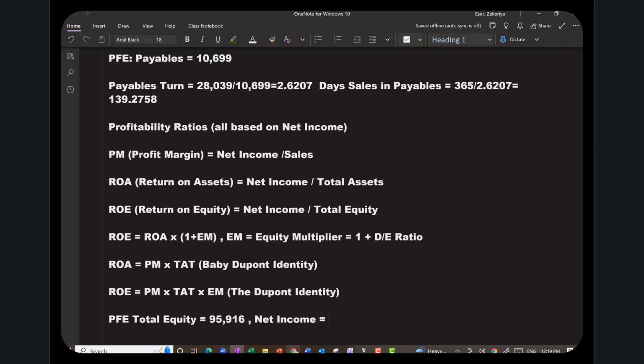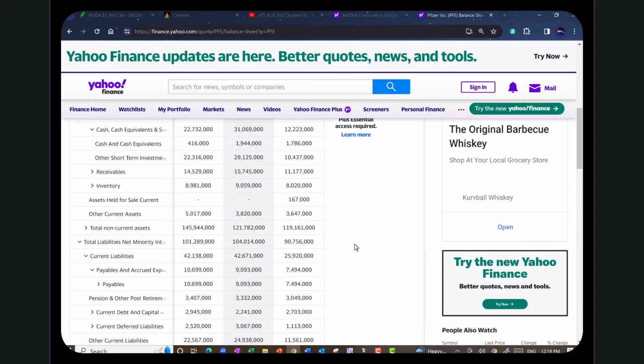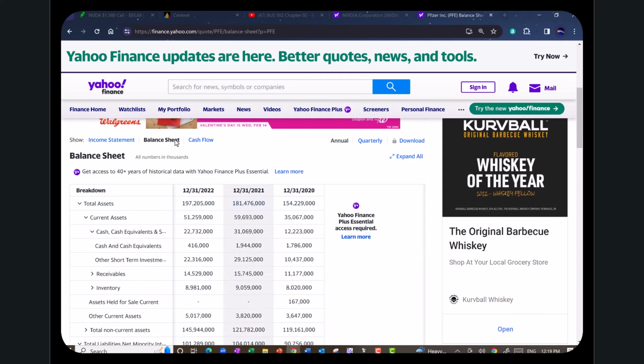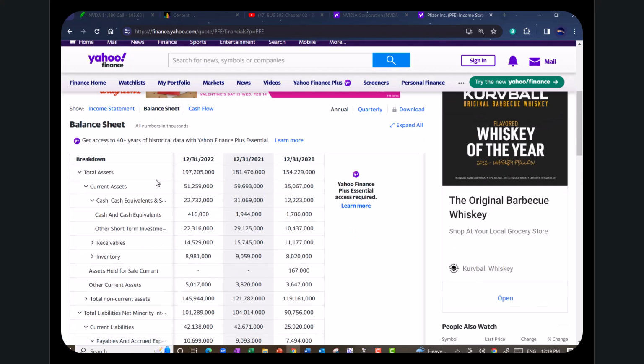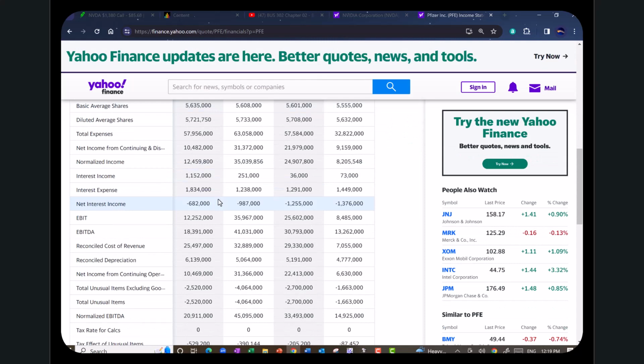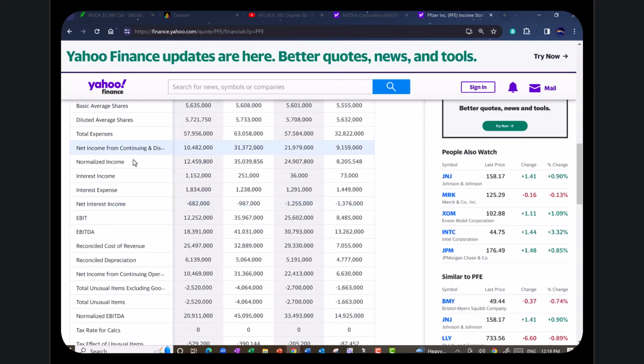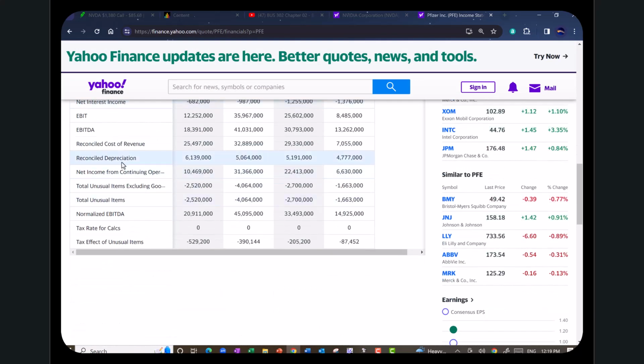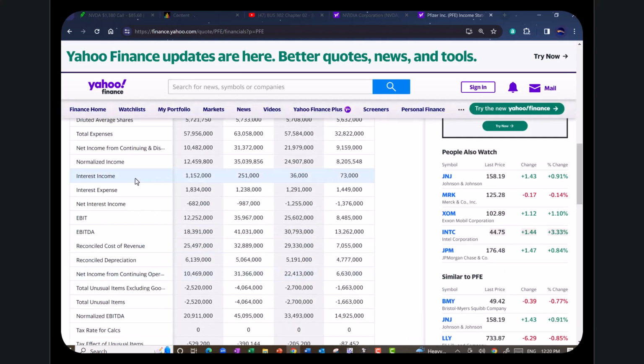We're going to read off the net income from the income statement, obviously. What is the actual net income number?